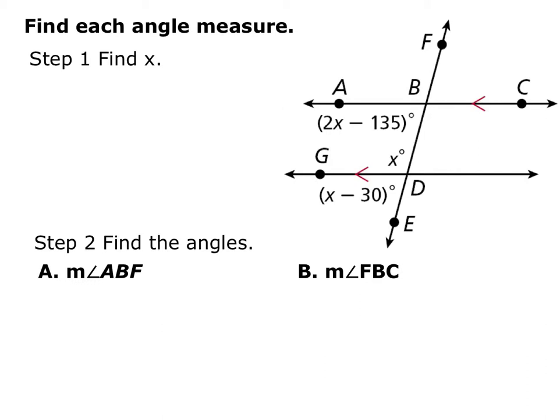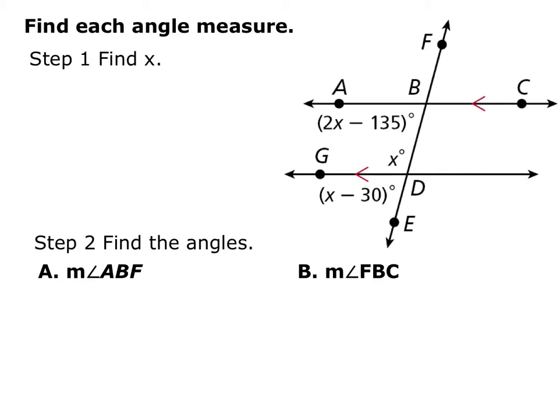Or 2x minus 135 plus x equals 180. Or x minus 30 plus x equals 180. Okay, he came up with 3 different ways.